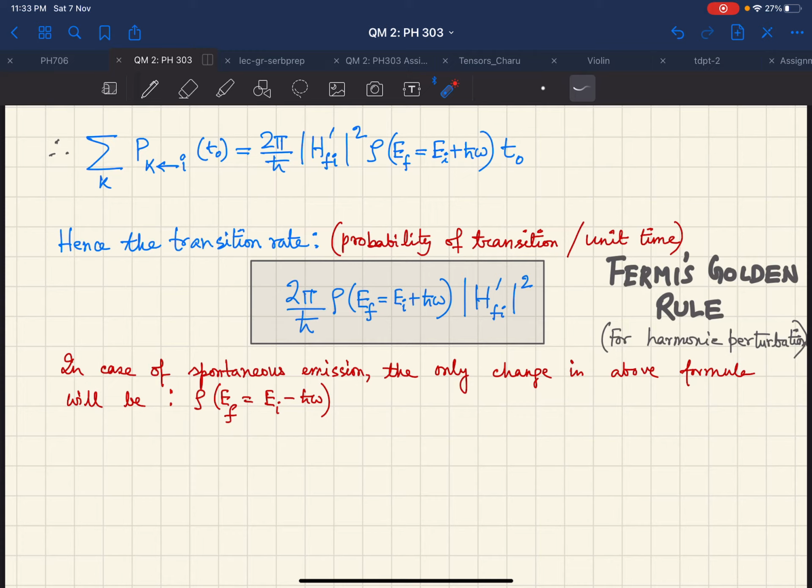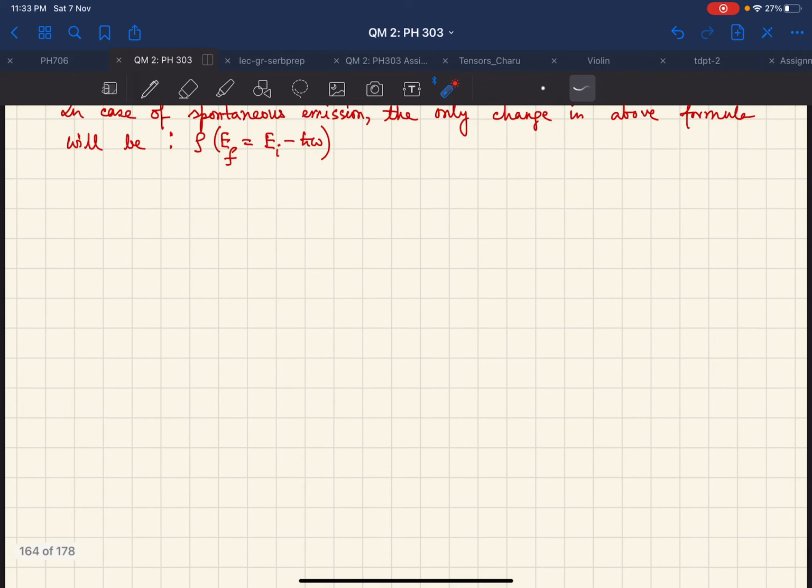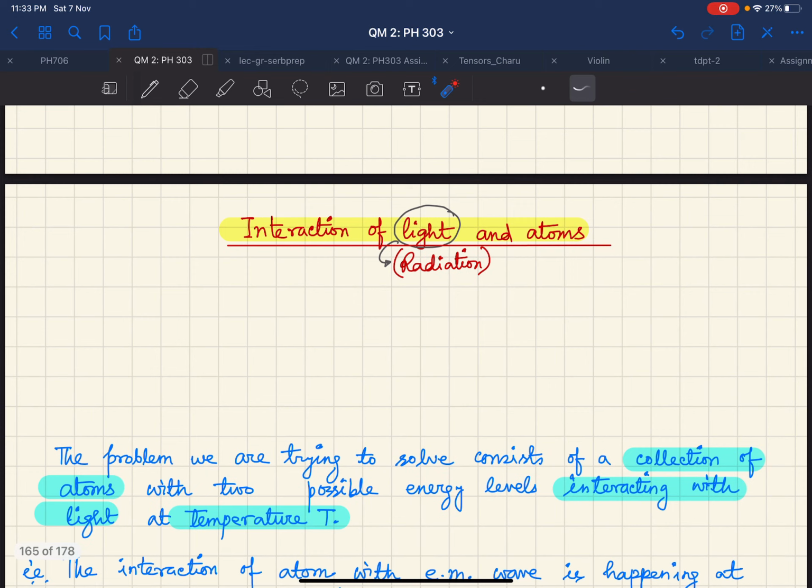And we have come to the formal end of this part, but of course the chapter does not end. We have to do the application part now, and in the application part I thought of discussing the interaction of lights and atoms.